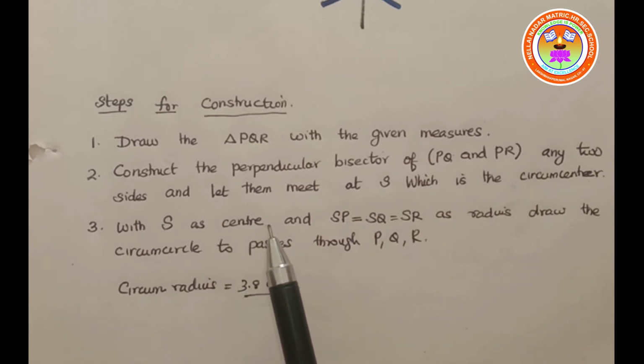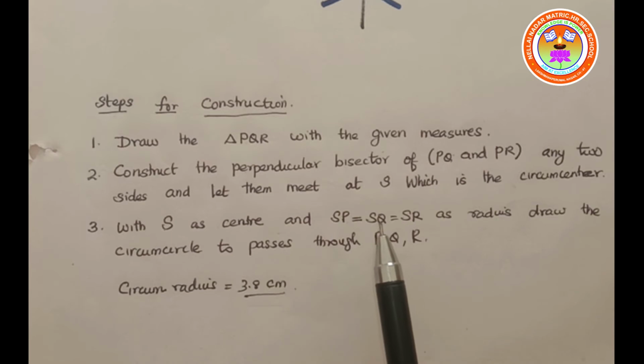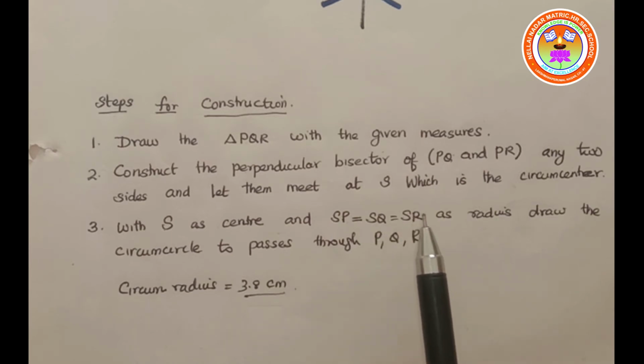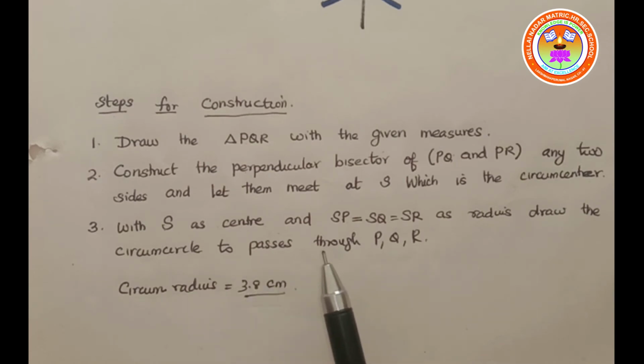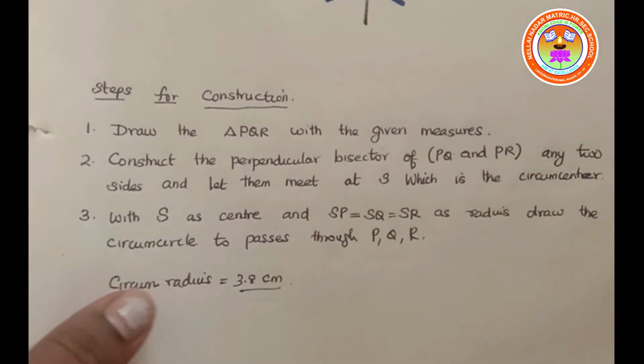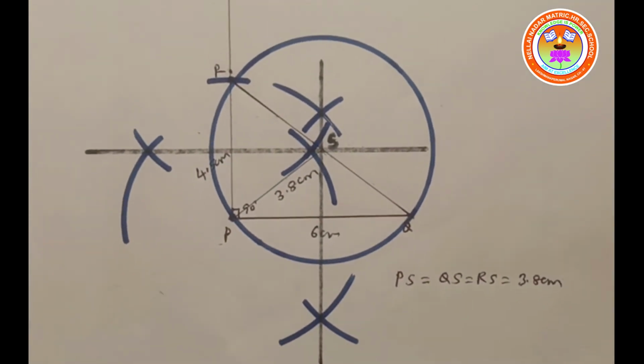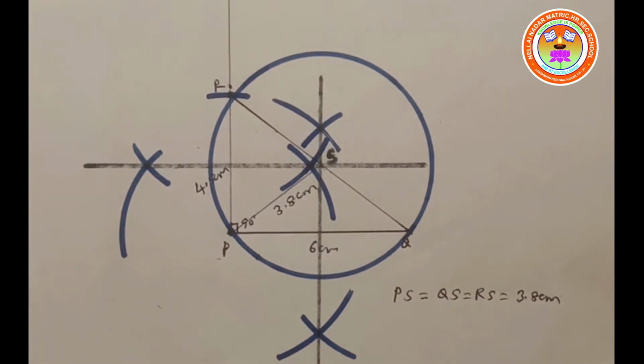With S as center and SP equal to SQ equal to SR as radius, draw the circle to pass through PQR. Circumradius is 3.8 centimeter. It's clear, children? This is the solution for this. You can see the next sum.